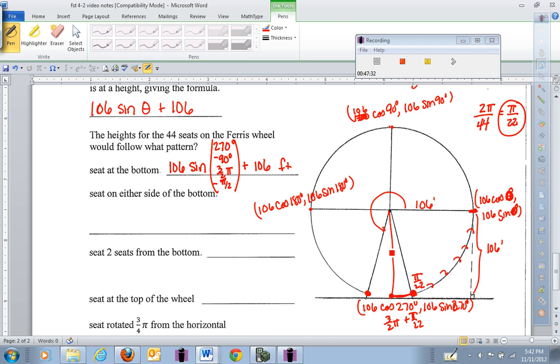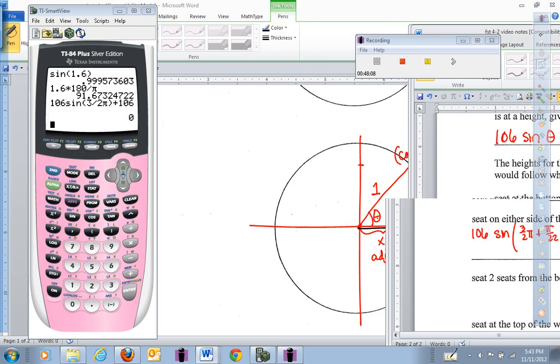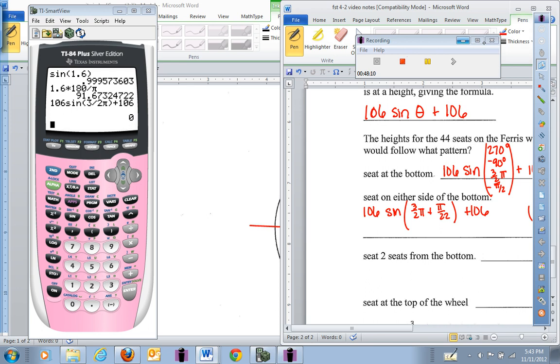So it would wind up being 106 times the sine of, I'm just going to write it in here and we can figure it out later, 3/2 pi plus pi over 22. Wouldn't that be plus? Yeah, because we're still going around counterclockwise. Plus 106. Okay, well, let's try that. I'm going to get my calculator up here so I can keep it on here with everything else.